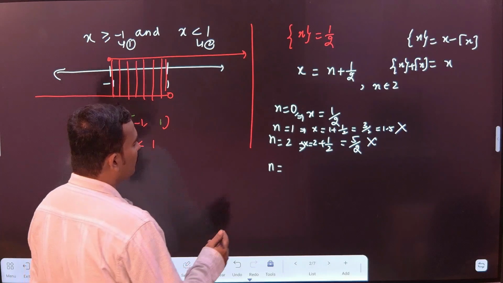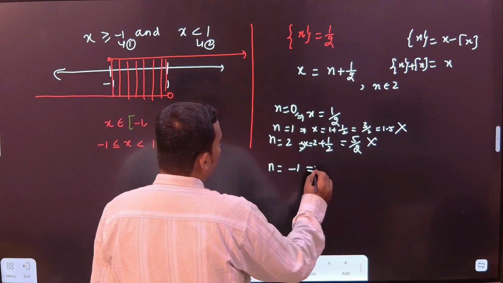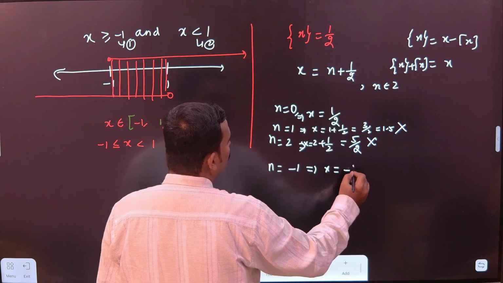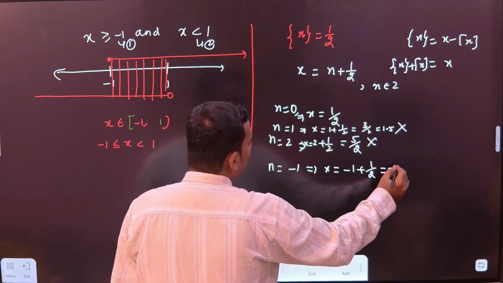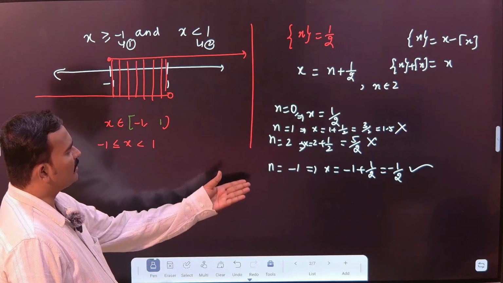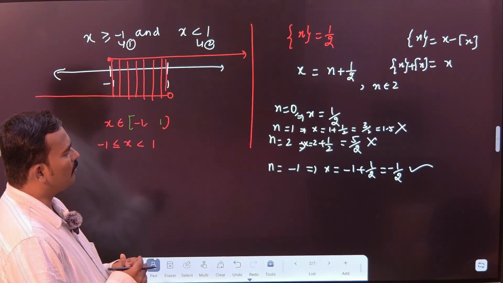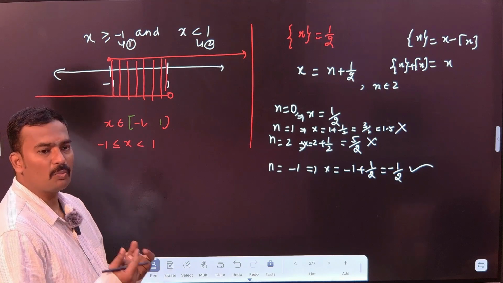Let us take n equal to -1. Then x is equal to -1 plus 1 by 2, that is -1 by 2. This is possible, right? If I take n equal to -2, then -2 plus 1 by 2 is -3 by 2, -1.5.